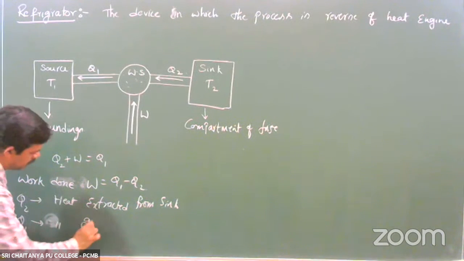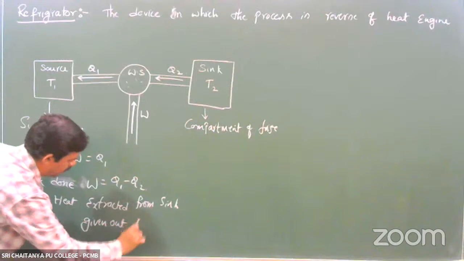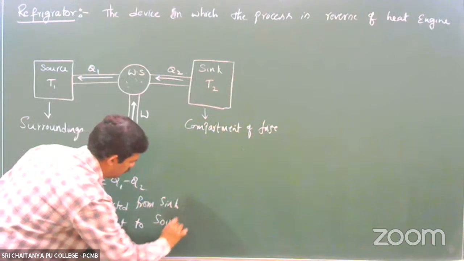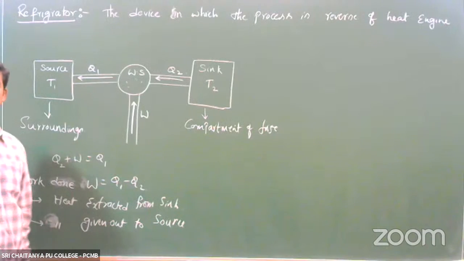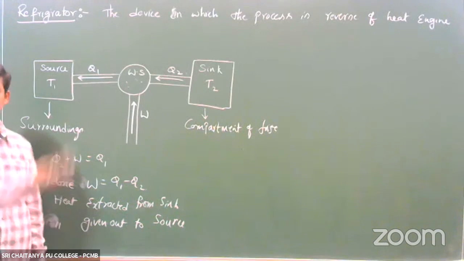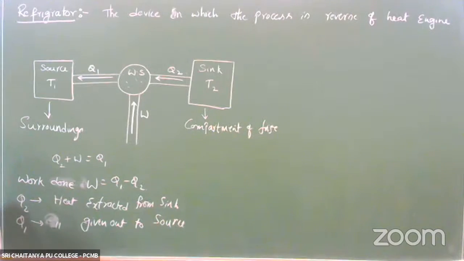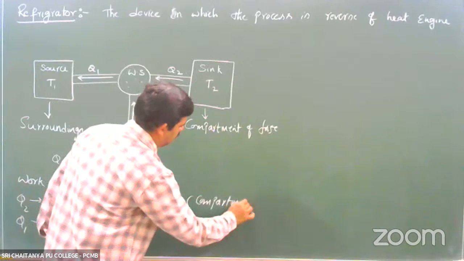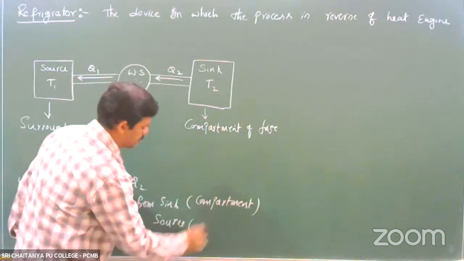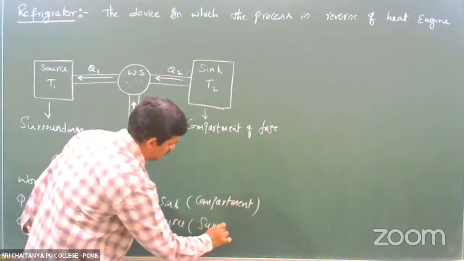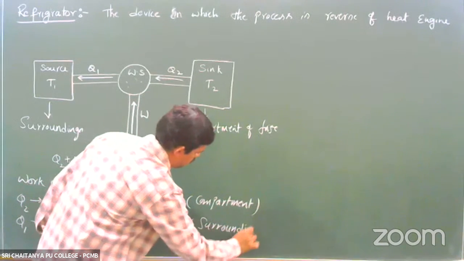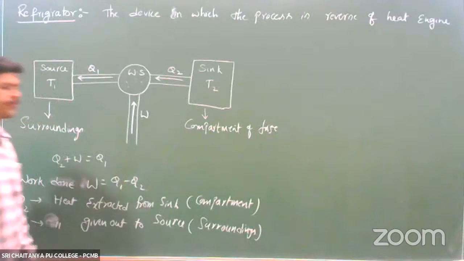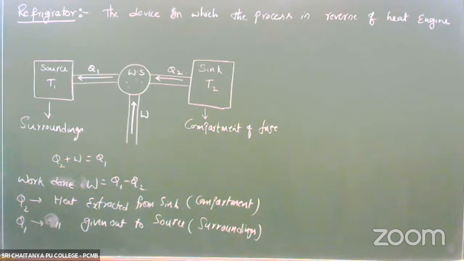Heat given out to what? Source. Source means practically what? Environment, surroundings. Sink means compartment. Source means surroundings. So the relation is this: Q2 plus W is equal to Q1, and W is equal to Q1 minus Q2.